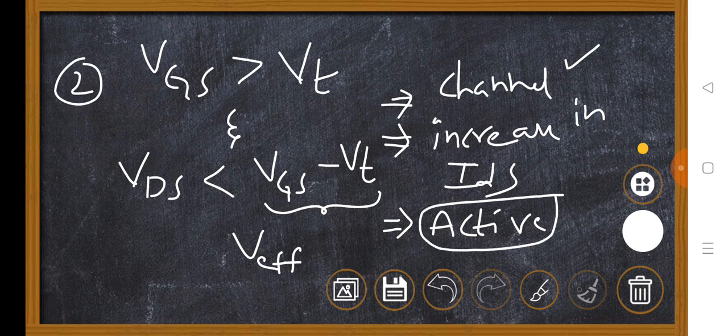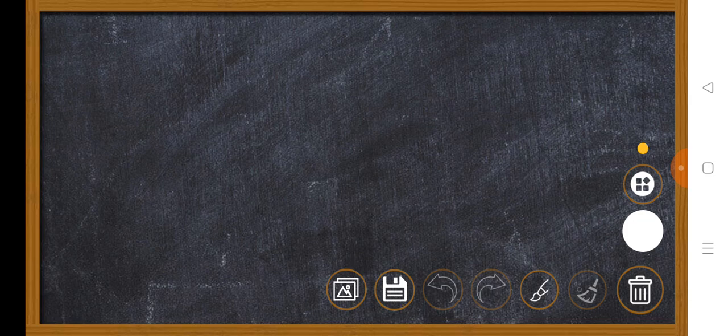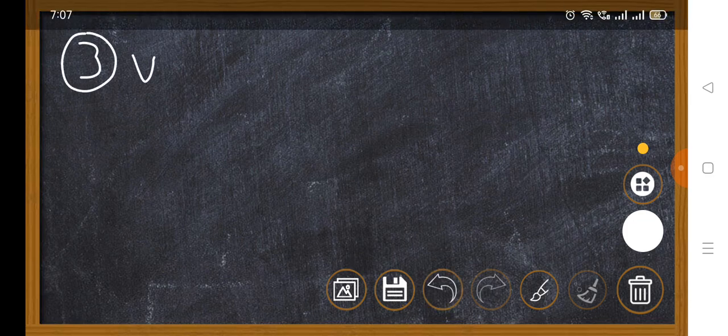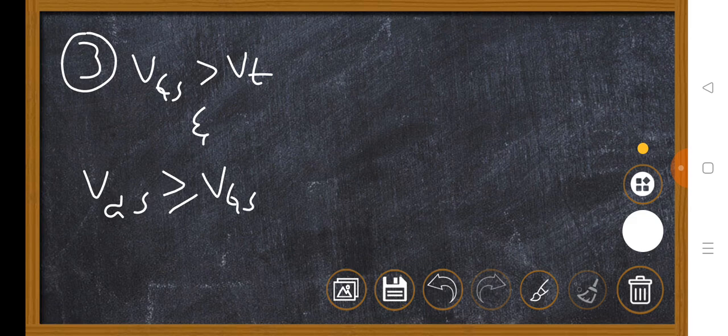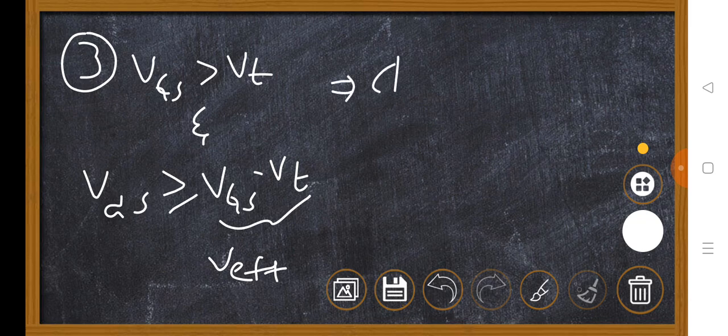And the last condition, the third condition: in this condition VGS must be greater than VT itself, and don't forget, VDS is greater than or equal to the effective gate voltage. What will happen? Is there any channel? Yes, absolutely, there is a channel. Is it clear? Now is there any increase in current?